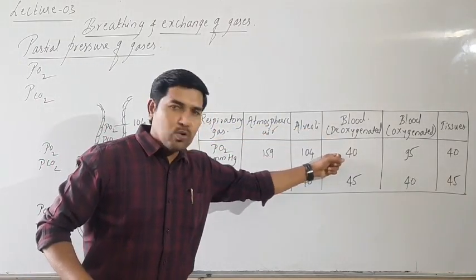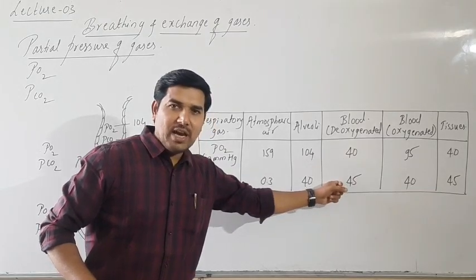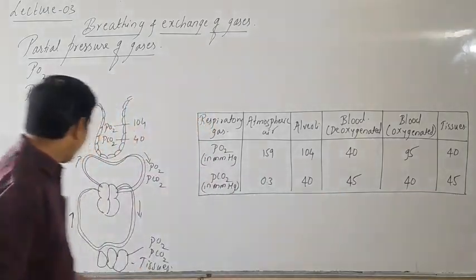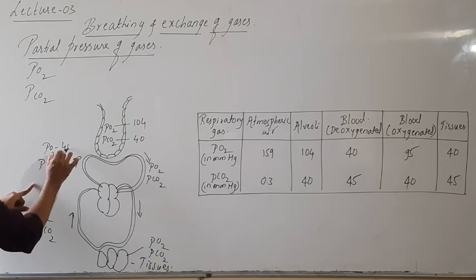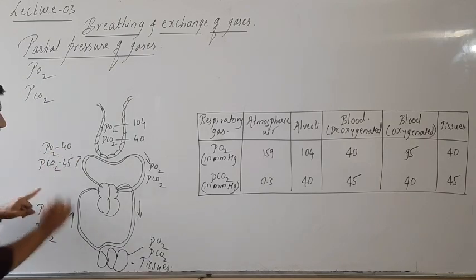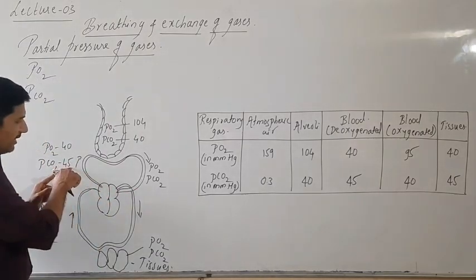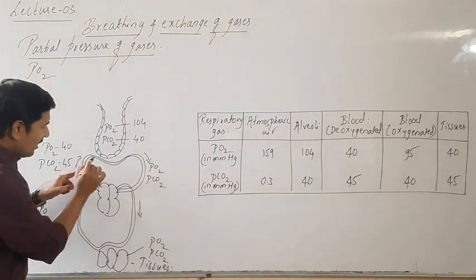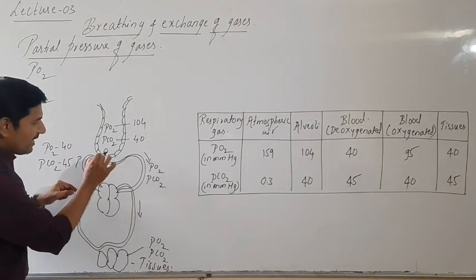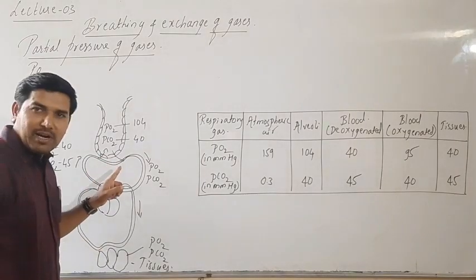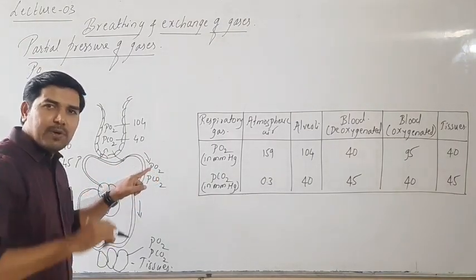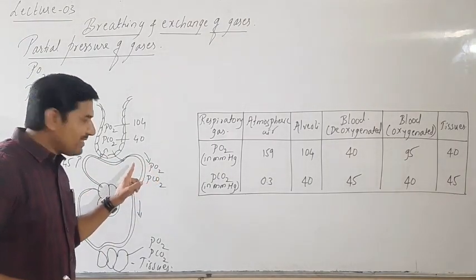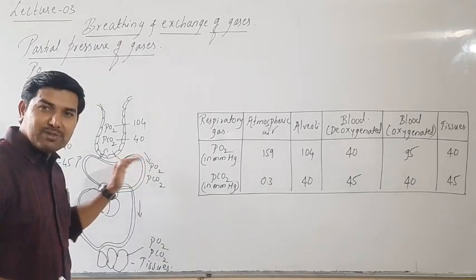In deoxygenated blood, O2 is 40, that means it is low, and CO2 is very high, 45. So here PO2 is 40 mm and PCO2 is 45 mm of Hg. Then when it comes here, carbon dioxide is released and oxygen is taken into the blood vessel, so ultimately the PO2 level will increase. This is the oxygenated blood that leaves the lungs.